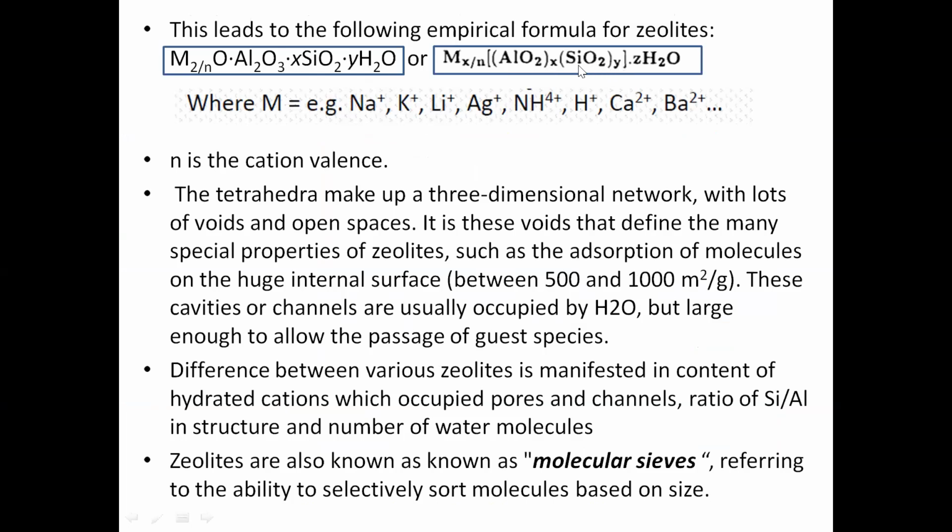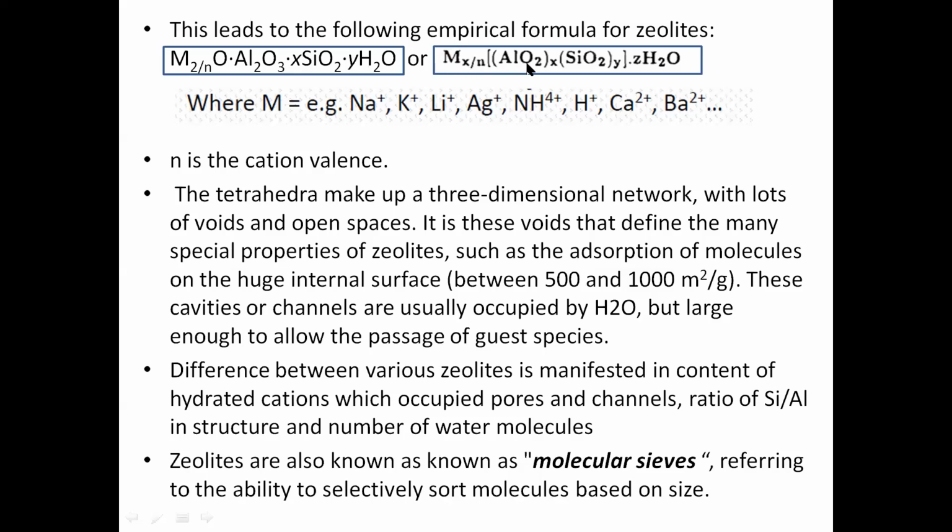X and Y are their relative abundance, and whenever you put aluminum, you have to put one more metal atom, which is M. X by n, if it is a divalent cation, n is going to be 2. If it is monovalent, n is going to be 1. So that is x by n number of metal atoms, counter ions.